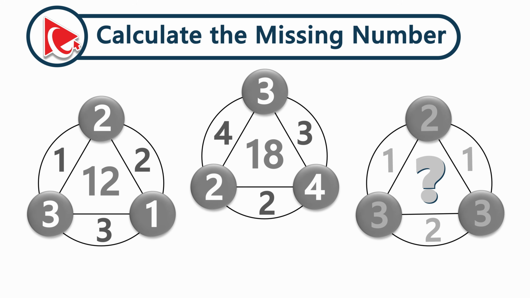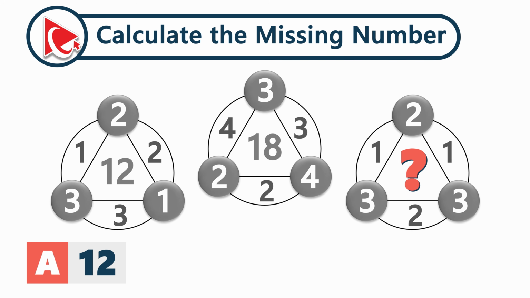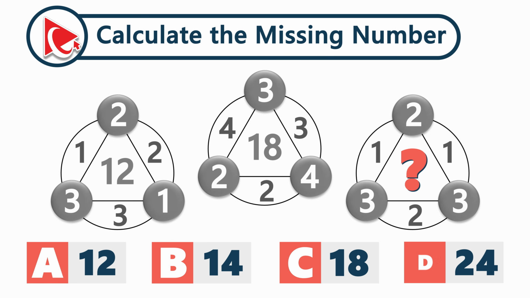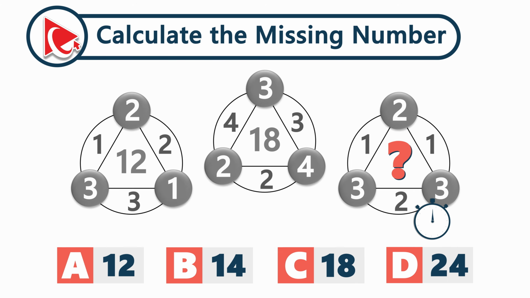The third shape has numbers 3, 2, and 3 on the outside, numbers 1, 1, and 2 on the inside, and a missing number in the middle, which you need to calculate and select your answer out of 4 possible choices: A, 12; B, 14; C, 18; or D, 24. Can you try to solve it on your own and choose the right answer?